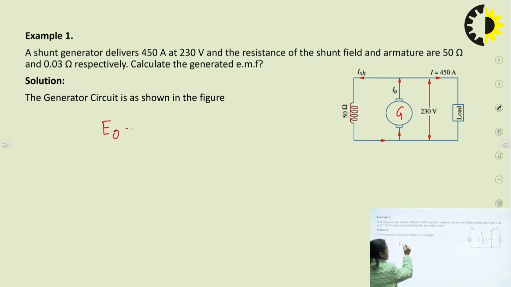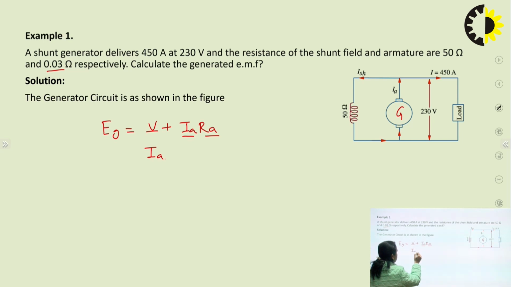What will be the generated EMF here? We can write EG is equal to V plus IA RA plus VB. The brush contact drop is not given, so we'll neglect it. V is given, that is 230 volt, and RA is 0.03 ohm. You have to find IA first.